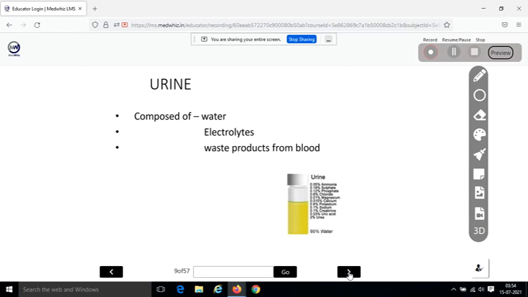Now coming to urine, it is composed of water, electrolytes, and waste products from blood. It contains ammonia, sulfate, phosphate, chloride, magnesium, calcium, potassium, sodium, creatinine, uric acid, urea. But 95% of it is water.